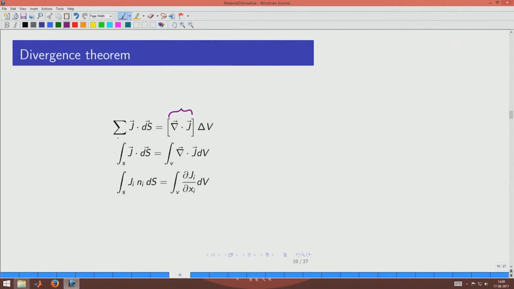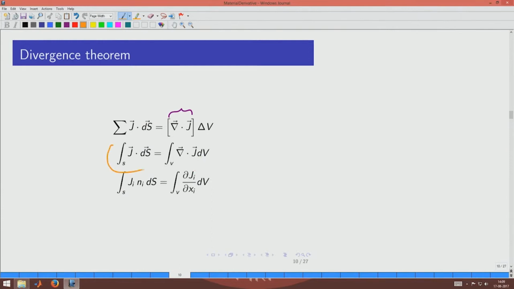Now, the summation, if you are going to do it for the smallest possible control volume, and also not restricted to the cube shape, then you could actually write it as an integral, and therefore, you could convert the sigma to integral, and then you would see that on the right hand side also you could do the same thing as integral with respect to the volume.